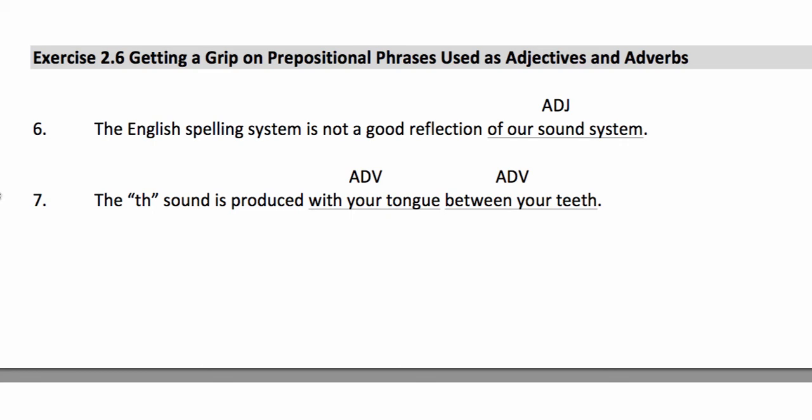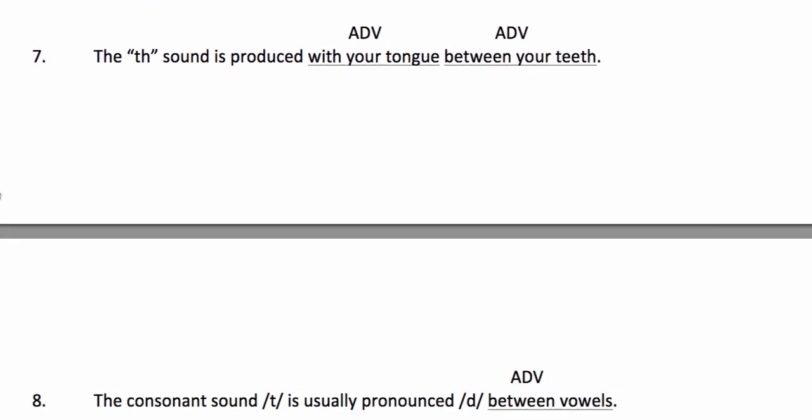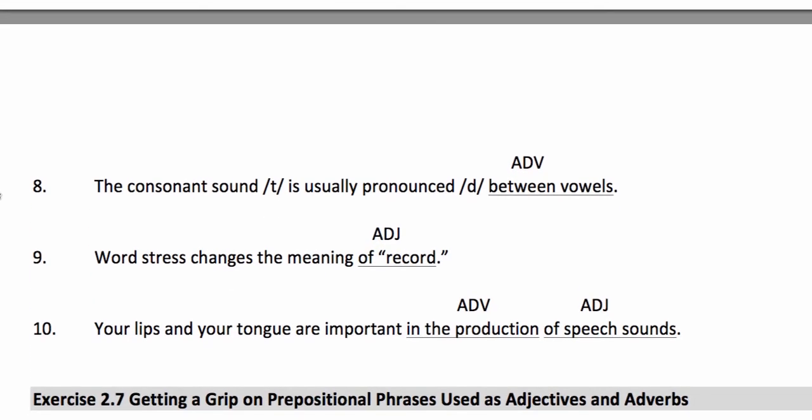It must be adjective. In number 7, "with your tongue" is immediately after the verb "produced," so it must be adverb. "Between your teeth," where is this occurring? So that's also adverb.